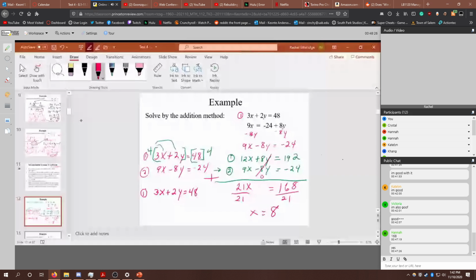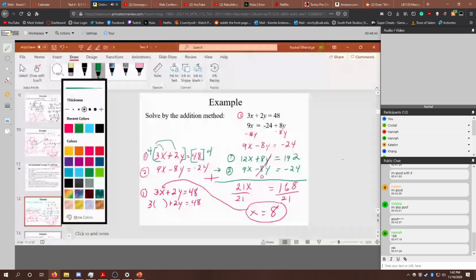So I'm going to take this x equals 8 and back substitute it over here. So I'm going to substitute 8 right there.